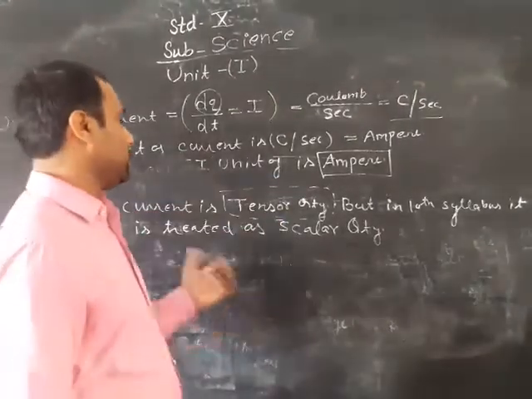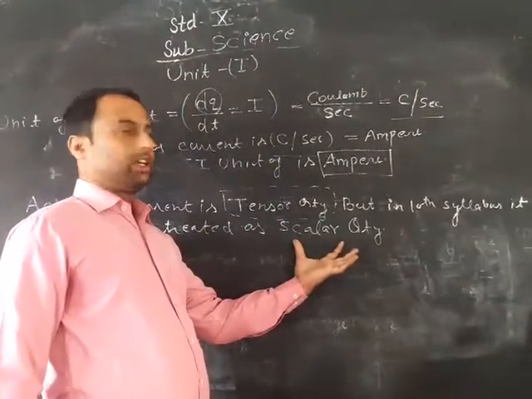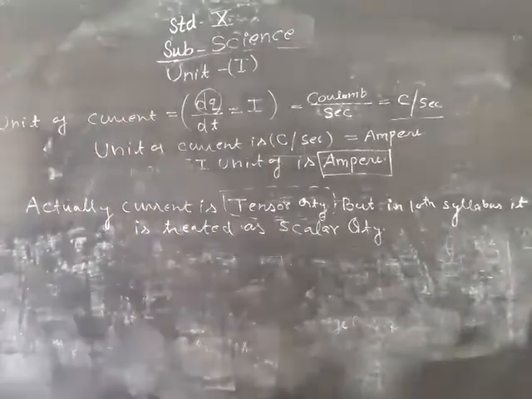So we only have to understand scalar and vector quantities. Now, the electric current is a scalar quantity.